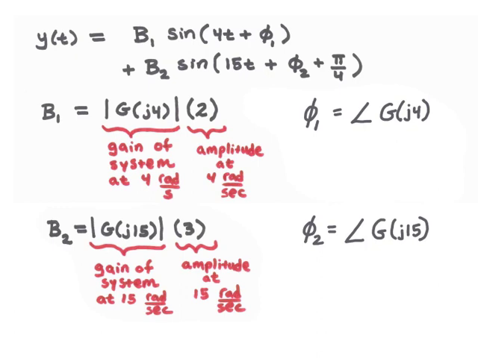We'll have to compute also the values for 15 radians per second. That will be done in exactly the same fashion that we just did for 4 radians per second. We'll just plug in j times 15 into the transfer function for s, and then do the evaluations using our understanding of the magnitude and phase of complex numbers.